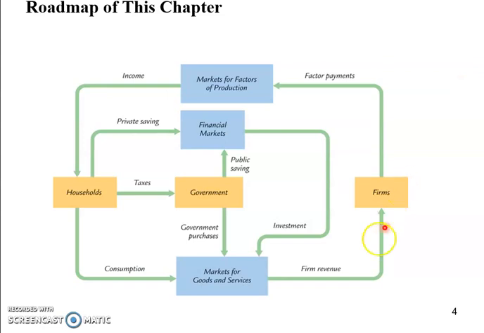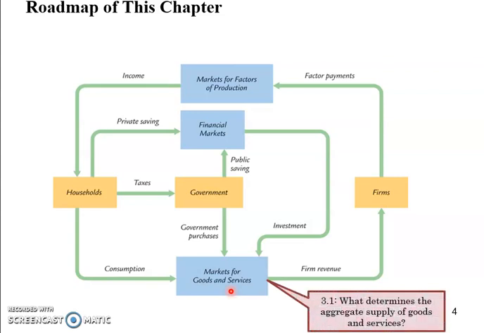That's why we're going to start with the market for goods and services, because you and me, everyone is a consumer. We make purchases on a daily basis, so we're pretty familiar with these markets. So the first section of this chapter talks about what determines the aggregate supply of goods and services.